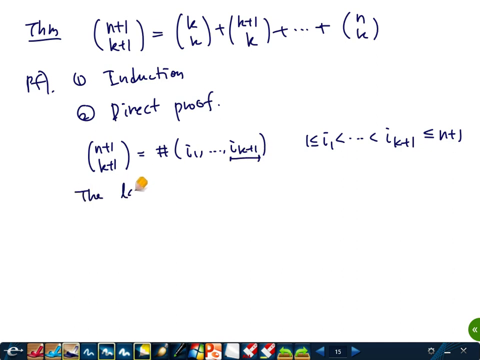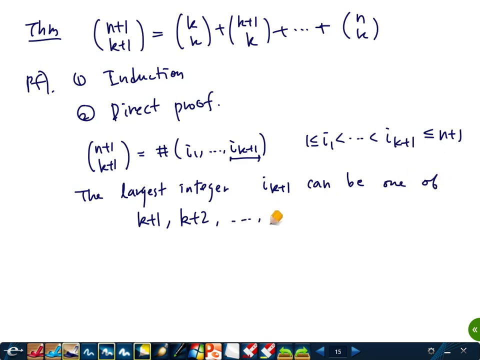The largest integer, i_{k+1}, can be what? It cannot be smaller than k plus 1, because we already have k integers smaller than this. So the smallest possible candidate will be k plus 1. It can be k plus 2, and so on. What is the largest possible number? n plus 1. These are all the possibilities.